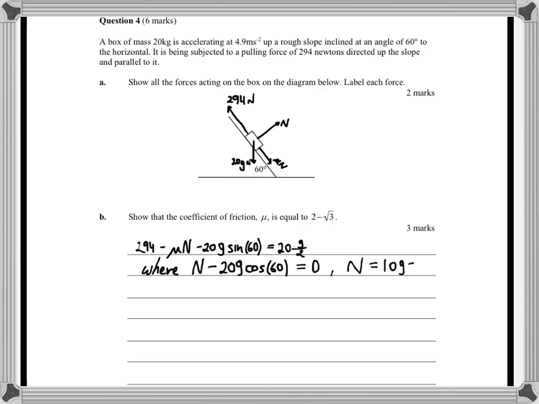And so n has to be, for cos of 60 is a half times 20 gives you 10g, so that's 98 newtons. Let's substitute that into our first rule here. There it is. Sine of 60 is root 3 on 2. So the on 2 part divides into the 20 to give 10g times root 3.